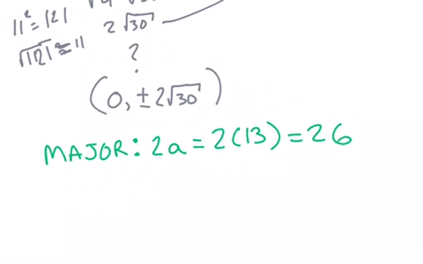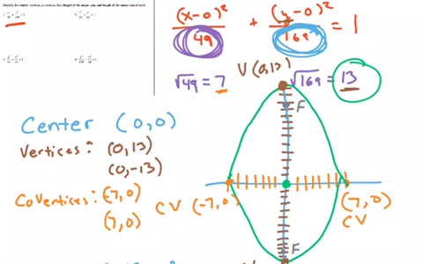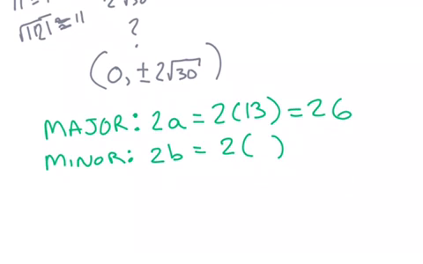So 2 times 13, the major is 26. The minor is 2 times the smaller one, which is 2b. The smaller one is the square root of 49, which is 7. And that gives me 14. Bada bing, bada boom. And there's our answer.